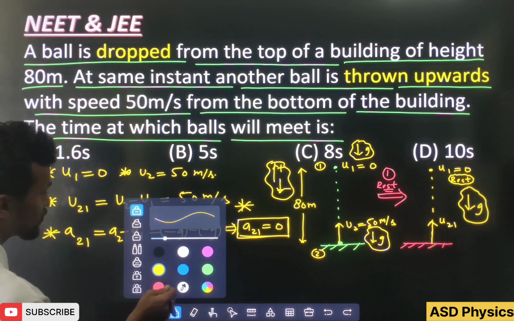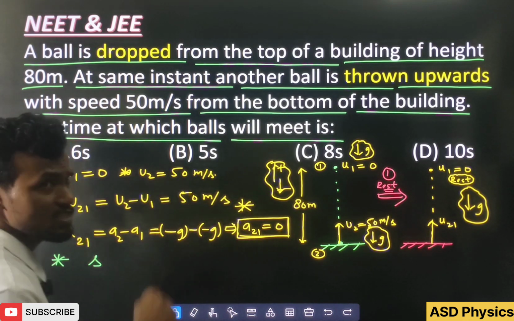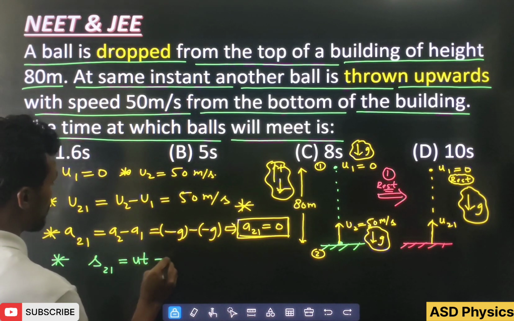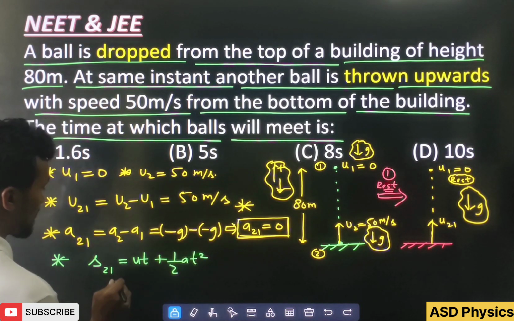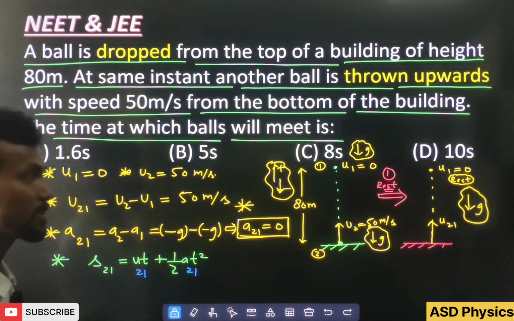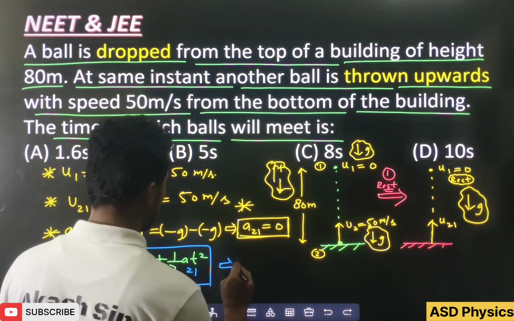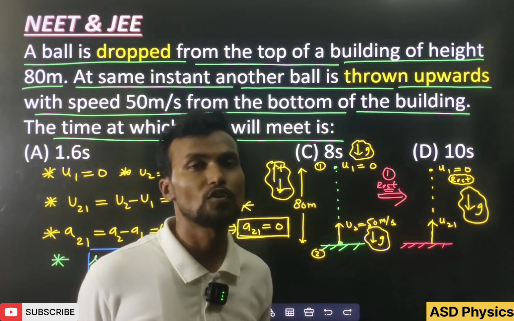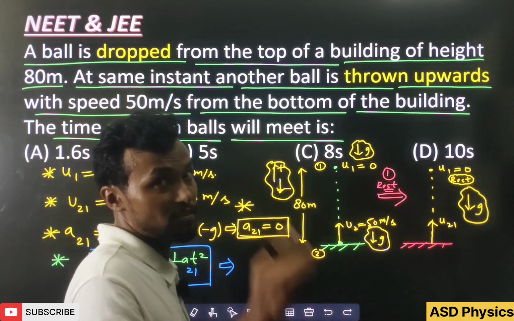After that, I will use the equation of motion, because g is uniform acceleration. So I can write s equals ut plus half at square, here for the relative motion, 2 with respect to 1. I am using the second equation of motion. Most of the time, the first and second equations of motion are used for relative motion.